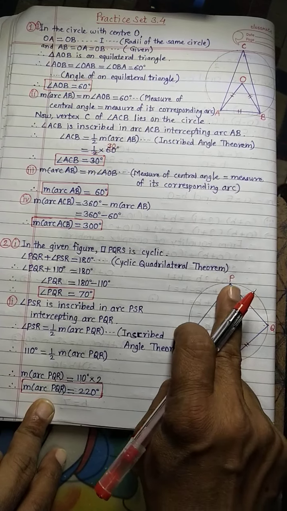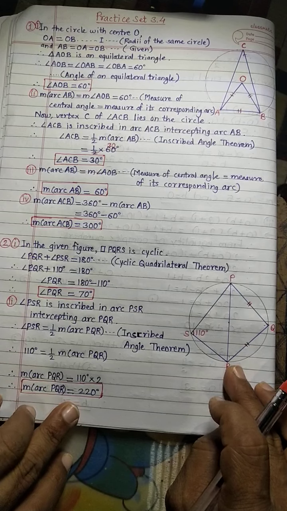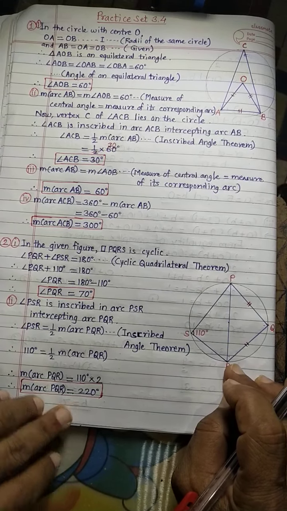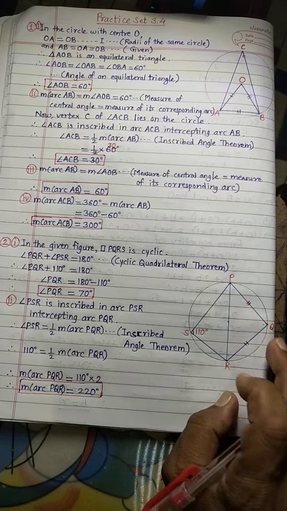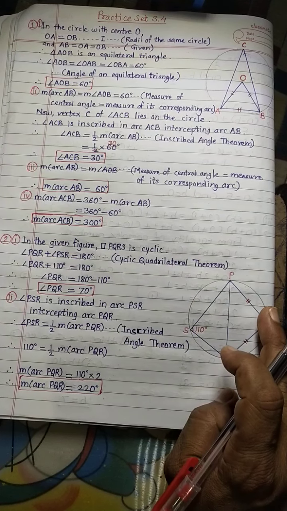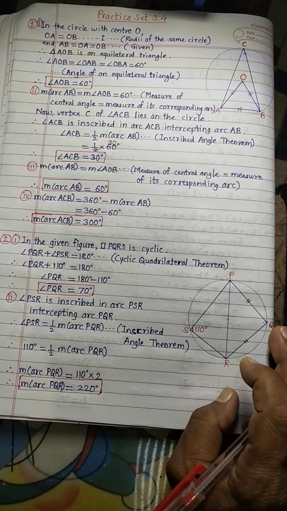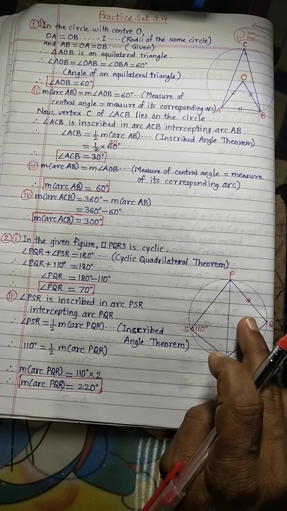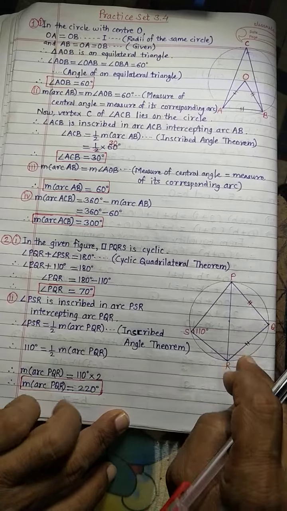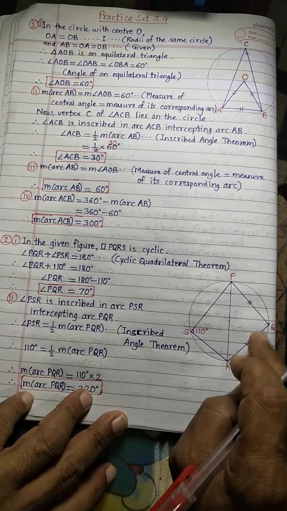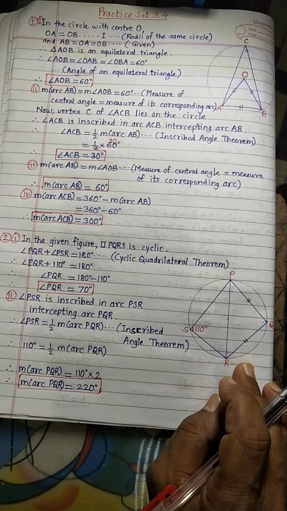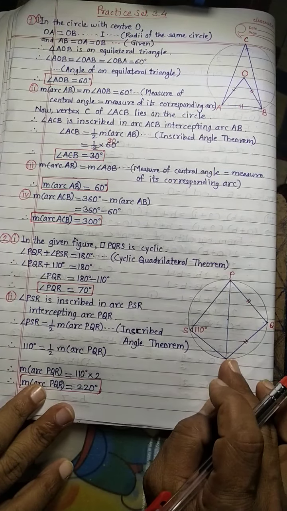So the measure of arc PQ plus the measure of arc RQ, or QR, is equal to the measure of arc PQR, that means 220. By using equalization of the measure of these two arcs, we can definitely find the measure of arc QR.